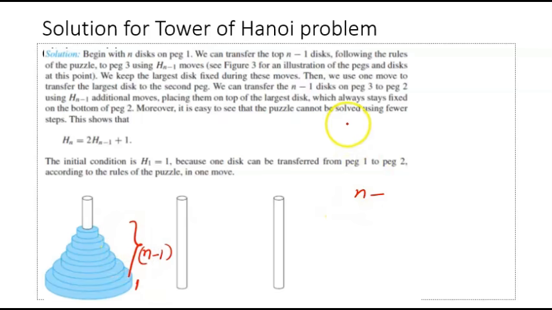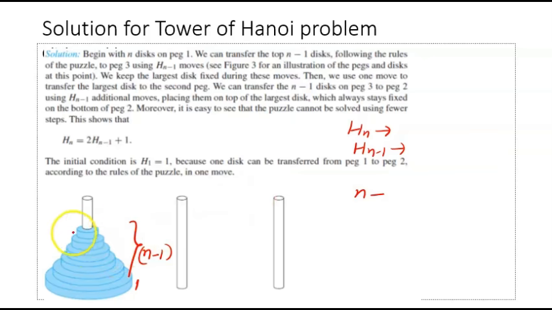Now suppose Hn represents the total number of movements required to move n disks from one peg to another peg using the required restriction. So what will be Hn minus 1? Hn minus 1 will be the total number of steps required to move n minus 1 disks from one peg to another peg.